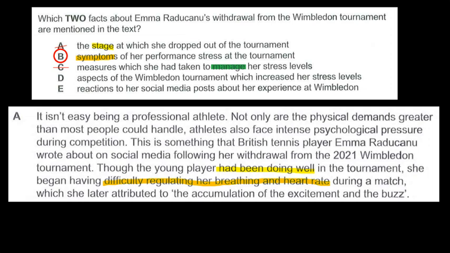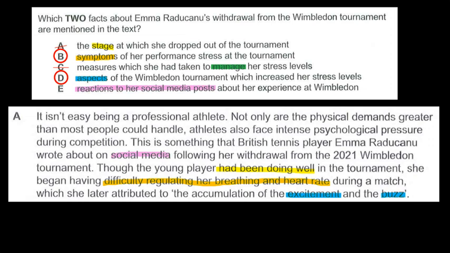D, aspects of the Wimbledon tournament which increased her stress levels. The aspects that increased the levels, so the accumulation of the excitement and the buzz. That is correct. These are the aspects that increased her levels. But let's just take a look at E and see if that one is there or not. Reactions to her social media posts.